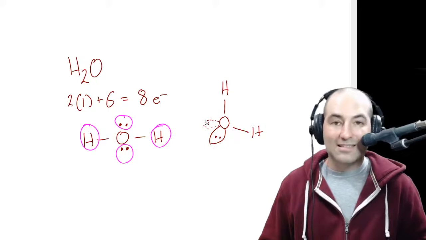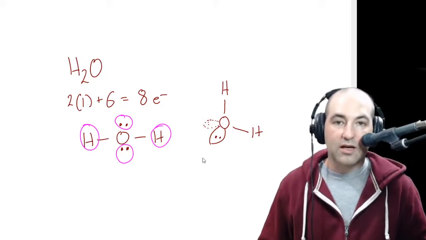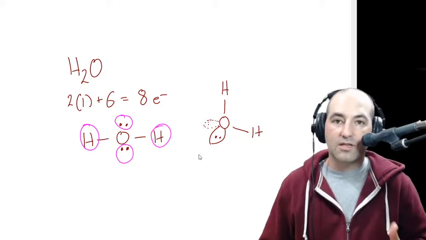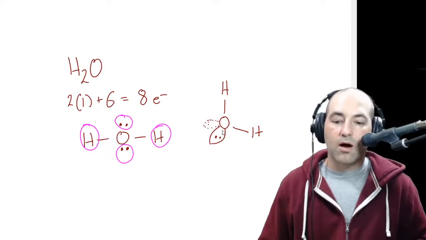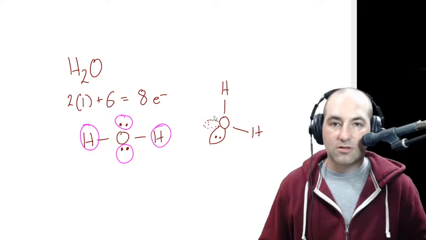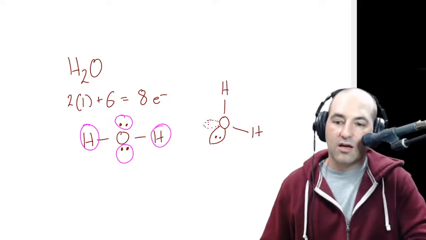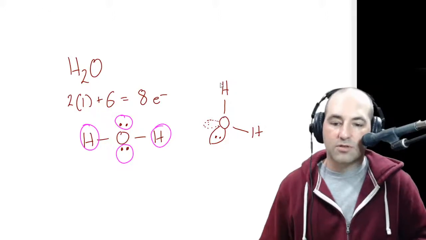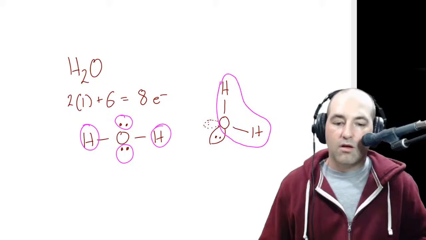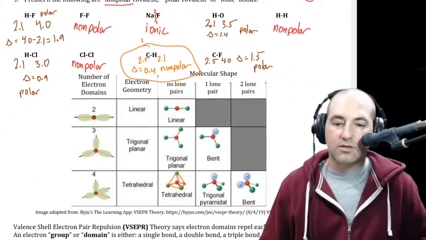However, we don't actually see the lone pairs, the electrons, when we look at what the structure looks like. Even though they're there and they take up that space, since we don't see them, the actual molecular shape just looks like the atoms. So it just looks like this part. And that's what the rest of this table tells us.